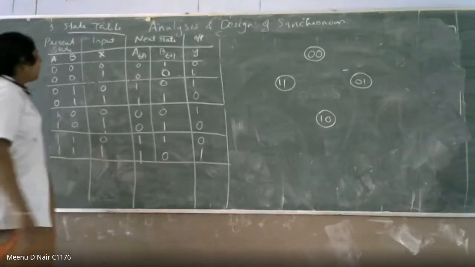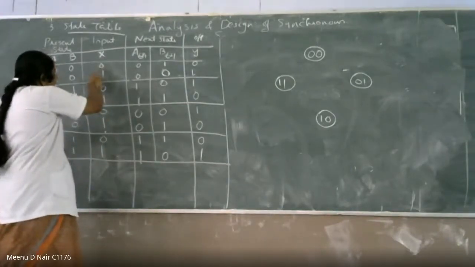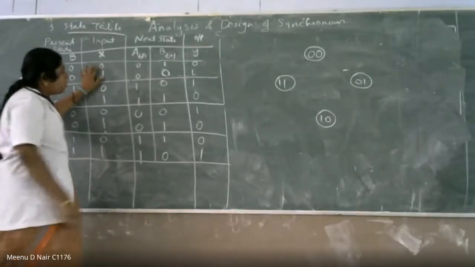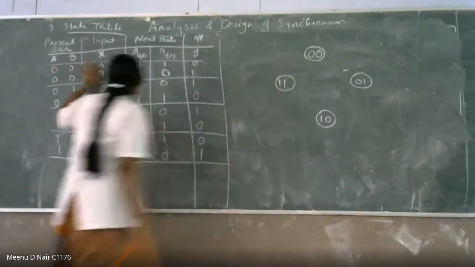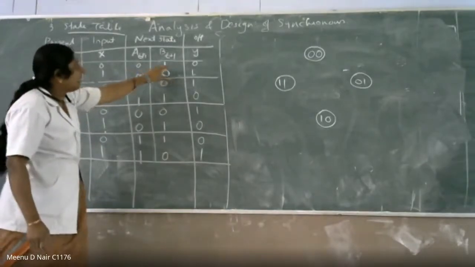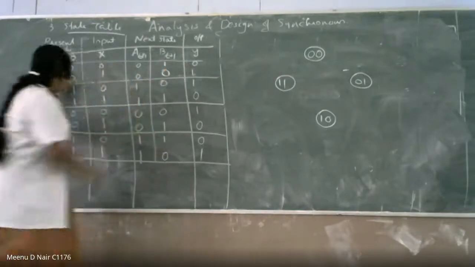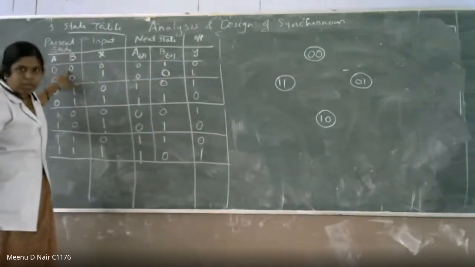Now, what we are going to do is, suppose if you are giving input as 0 to the 0, 0 state, it will move to the state 0, 1 with an output 0. That is the meaning. Okay. This is your present state 0, 0.